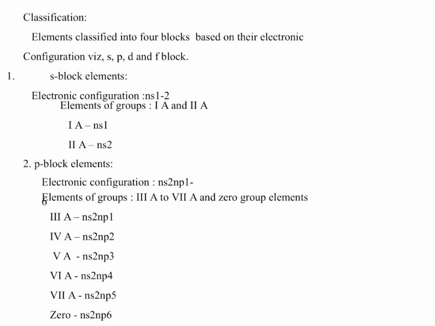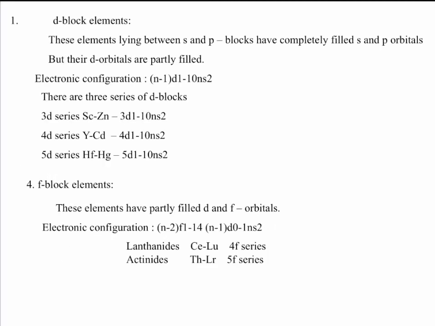So next, D block elements. These elements lying between S and P blocks have completely filled S and P orbitals, but the D orbitals are partly filled. The electronic configuration of D block elements is (n-1)d1 to 10 ns2. There are 3 series of D blocks.